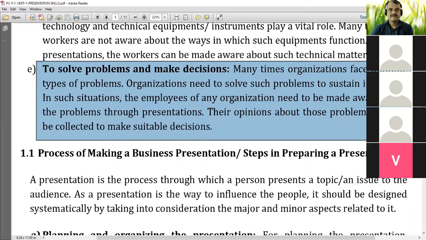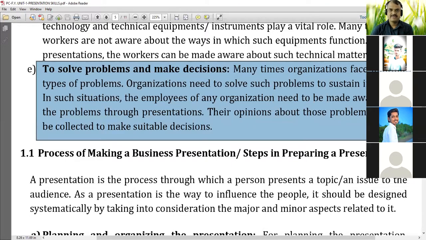Okay, 54. 53, sir, present. 53 is present. 54 is absent. Then 55. Present, sir. 56. Yes, sir. 57. Yes, sir. 58. Present. 59 is absent. 60. Yes, sir. 61 is absent. 62. Yes, sir. 63.